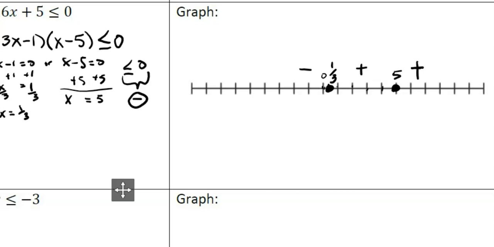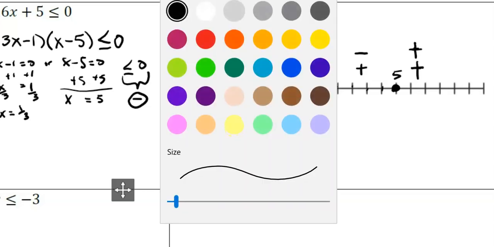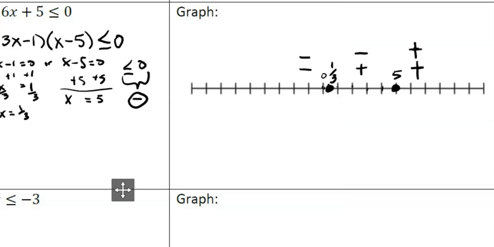And if 5 is our 0 mark, then to the left of it would be negative, and to the right would be positive. And then we say negative times a negative would be positive in this section. Positive times negative would be negative in this section. And then positive times positive would be positive over here in this section.